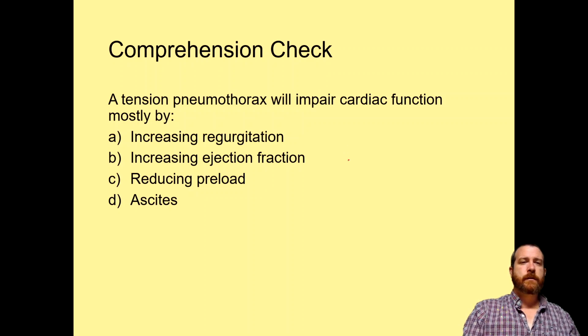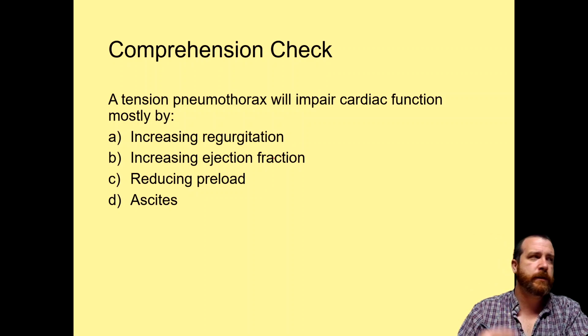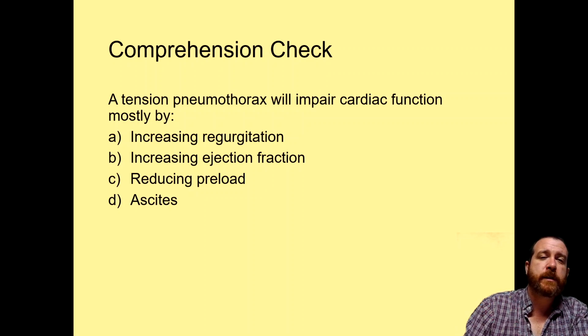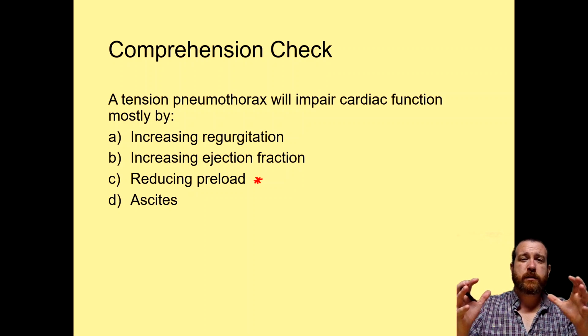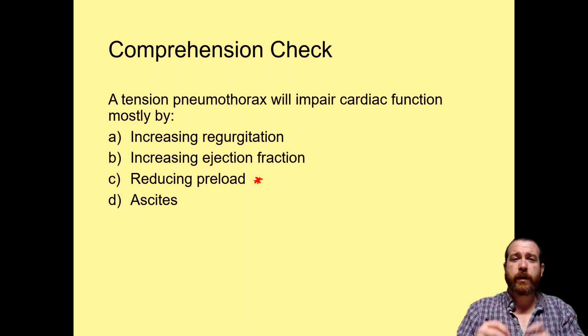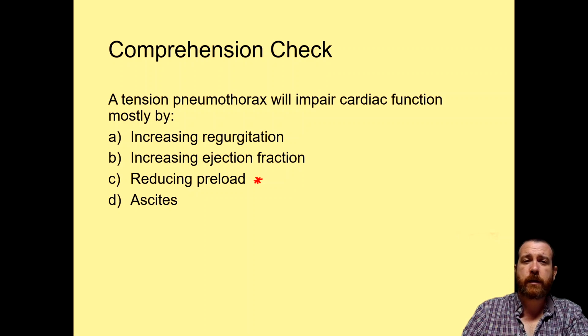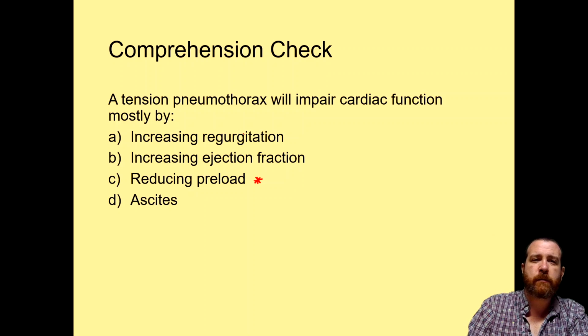A question I have is on tension pneumothoraxes. They're going to impair cardiac function mostly by, and this is when you would hit pause, think about it for a second, come back. Tension pneumothoraxes are mostly going to impair cardiac function by preload, right? As I'm squeezing the heart, now those ventricles are under increased pressure, almost like we're talking about cardiac tamponade, where that heart tissue is not able to expand enough, and there's not that much blood leading into that ventricle chamber.